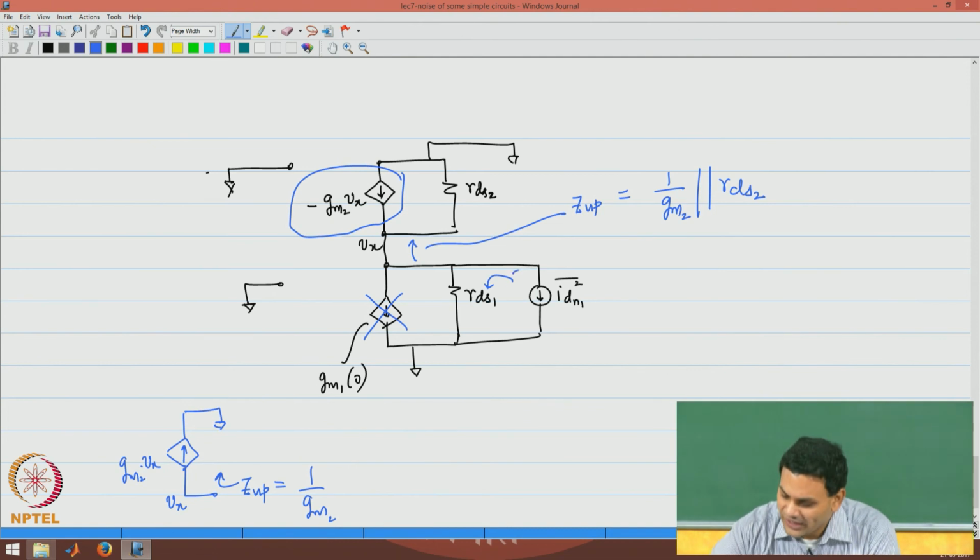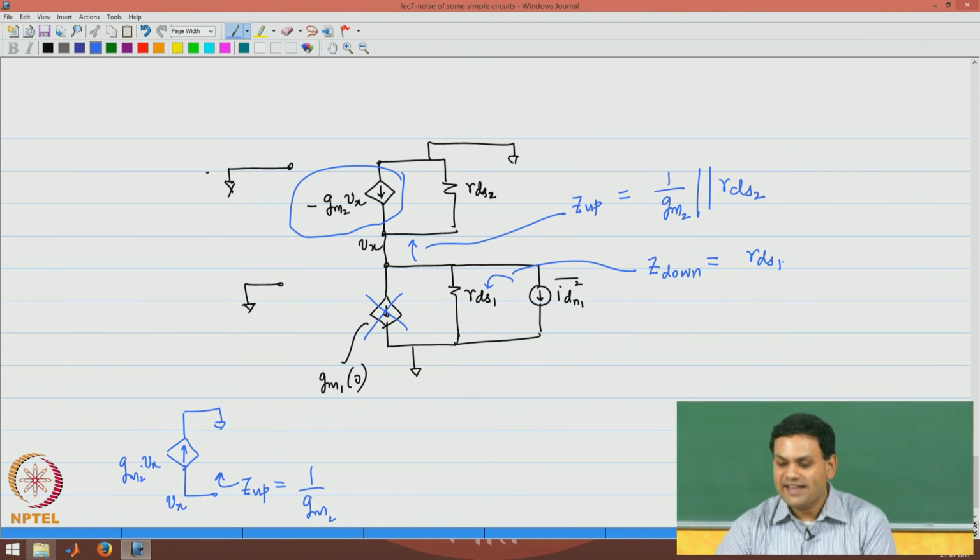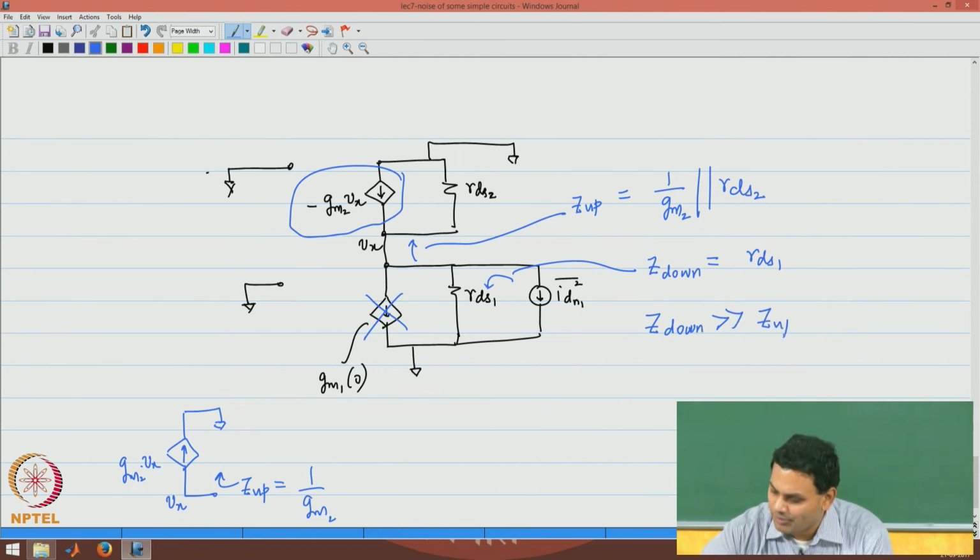The impedance looking downwards is RDS1, and as you can see clearly, for typical values of GM and RDS, Z down would normally be much larger than Z up, because Z up is approximately 1 over GM2, whereas Z down is RDS1.